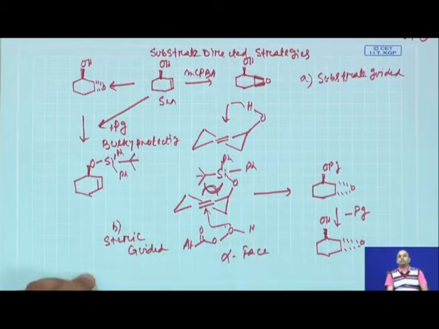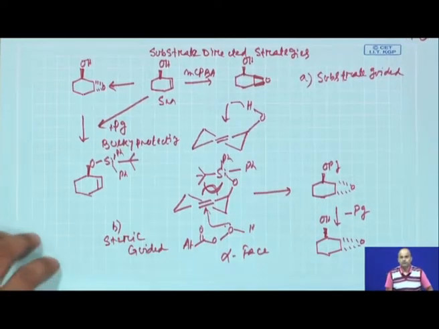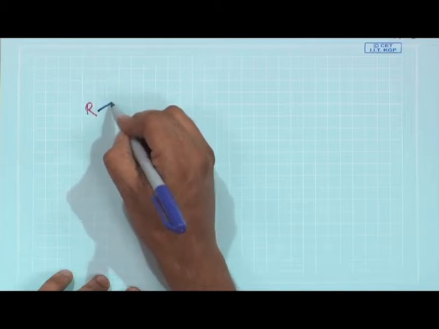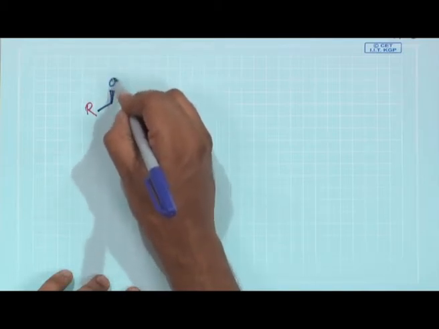So, these two parameters are very important, and in one case you are having this hydrogen bonding interaction which directs the incoming electrophile. In another case you are having this steric directed approach. For the substrate directed approach, next we will try to focus on a similar kind of problem which is also very interesting.